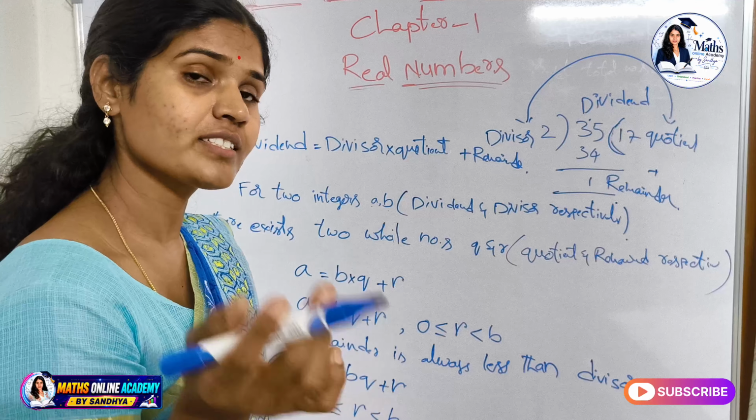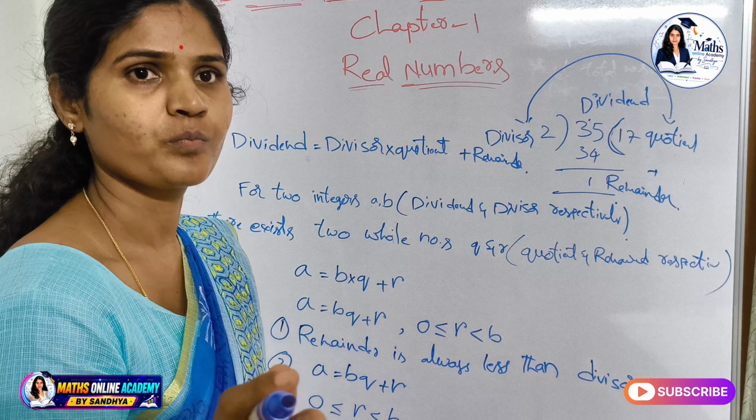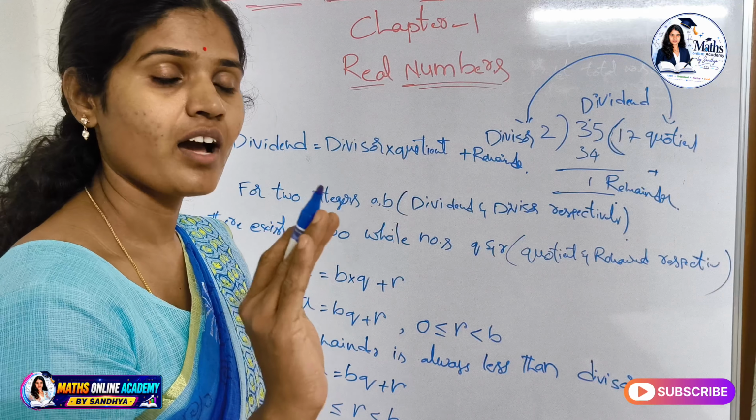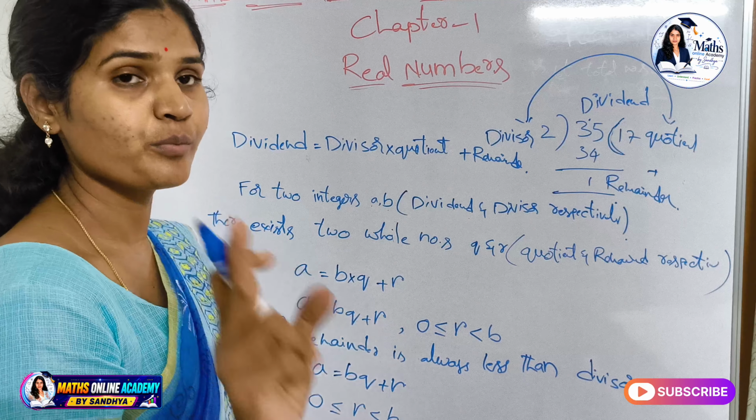Remainder is always less than the divisor. For example, if the divisor is 2, R may become 0 or 1 but not equal to 2.